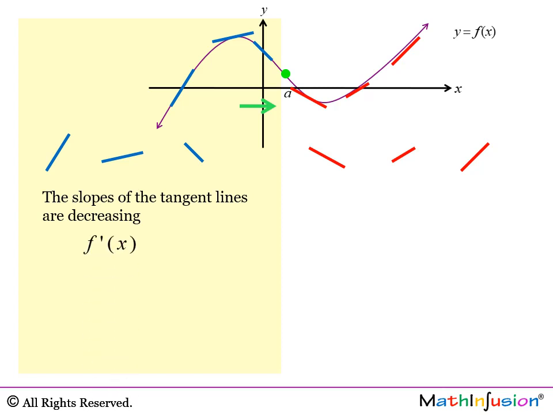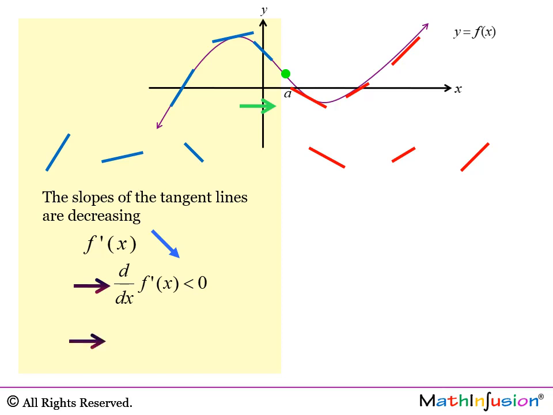What does it mean? It means that the first derivative is decreasing because the slope of the tangent line is the first derivative. So the function that represents the slopes of the tangent lines is decreasing, which means that the derivative of the first derivative is less than 0.